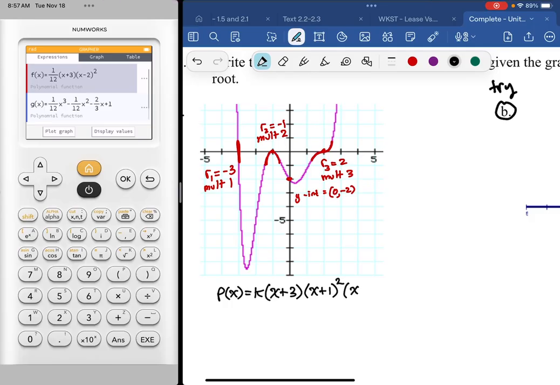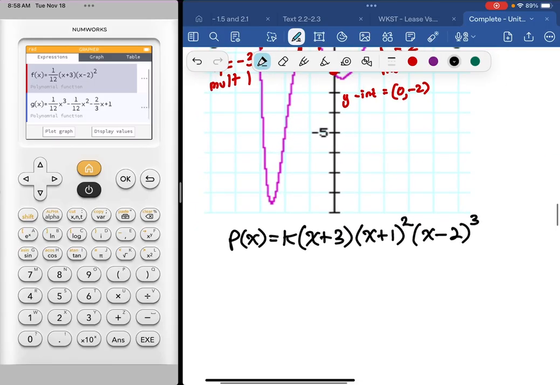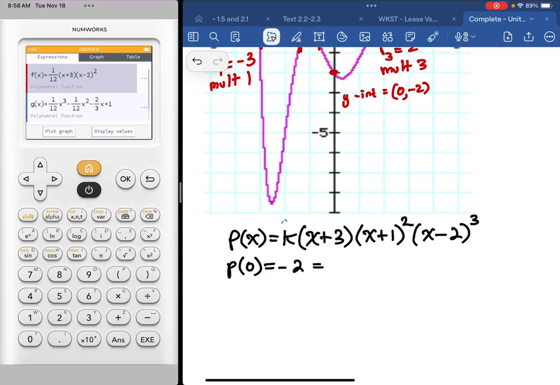And then x minus 2, so x minus the R3, raised to the power of 3 because the multiplicity is equal to 3. I know my y-intercept is 0, negative 2, so p of 0 is equal to negative 2, which is equal to all of this.